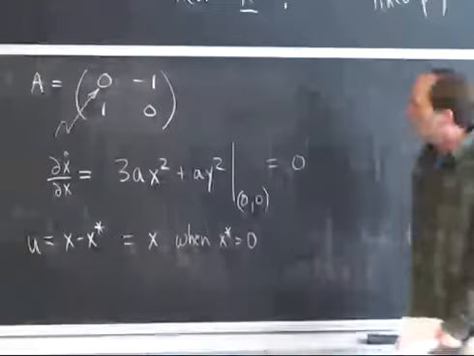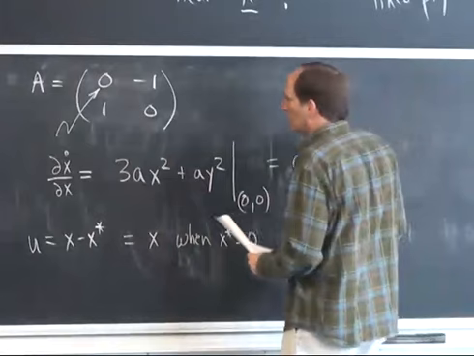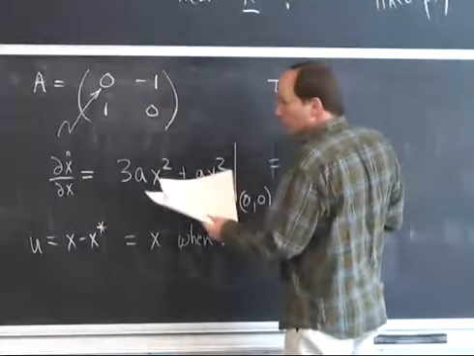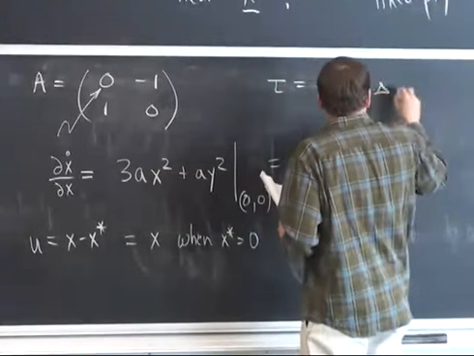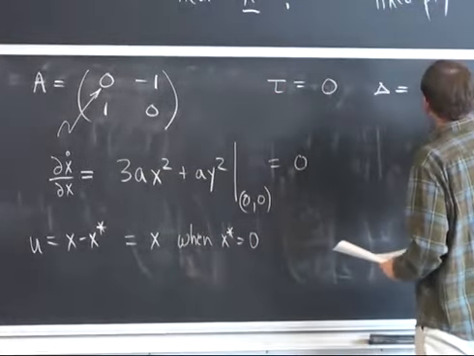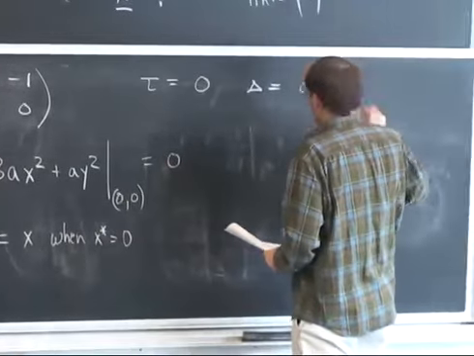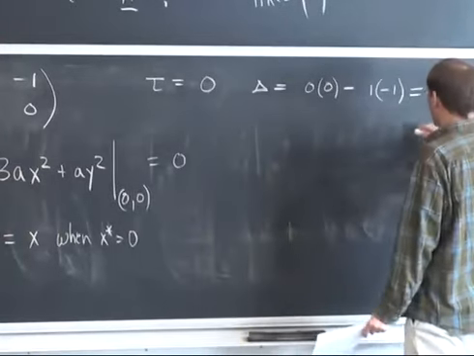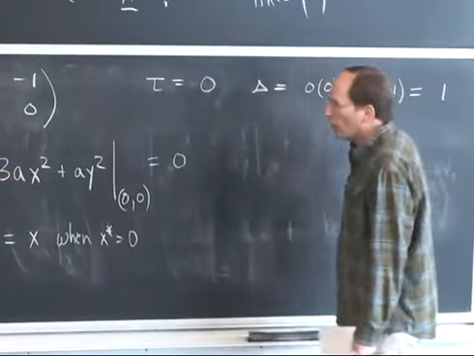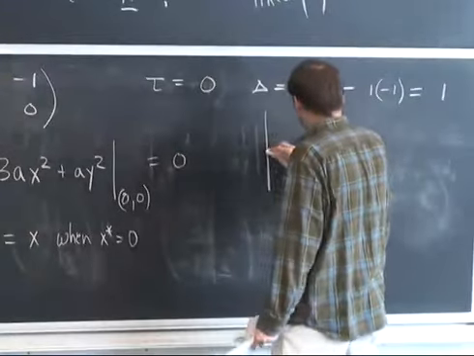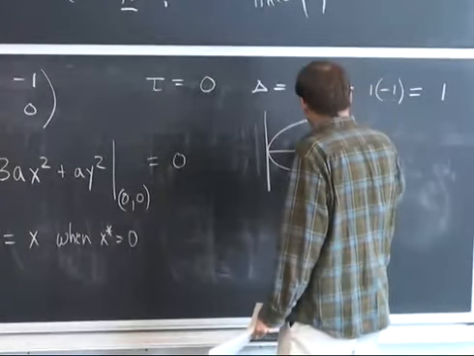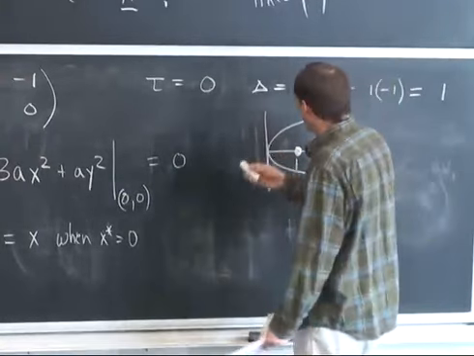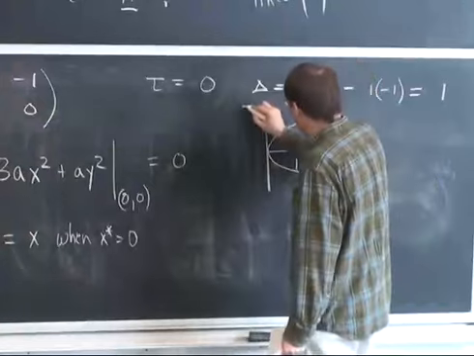Anyway, so there's our Jacobian, and let's try to classify that. It has a trace, which remember is the sum of the diagonal terms. The trace would be 0 plus 0, which is 0. And the determinant would be 0 times 0 minus 1 times negative 1, which comes out to be positive 1. So on our diagram, that point is 1, and remember that's delta, this is tau.